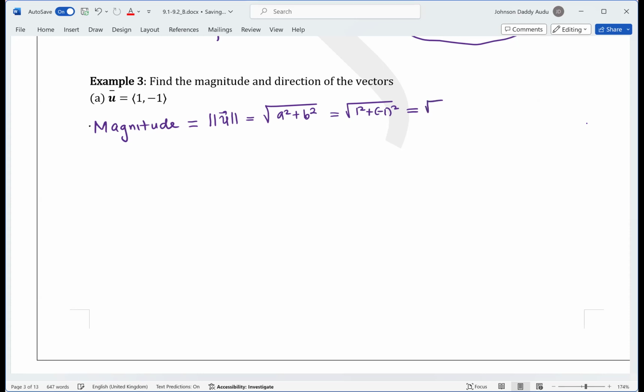And this is going to be the root of 2. That is the magnitude. Now, direction.